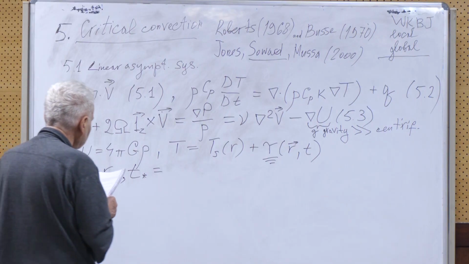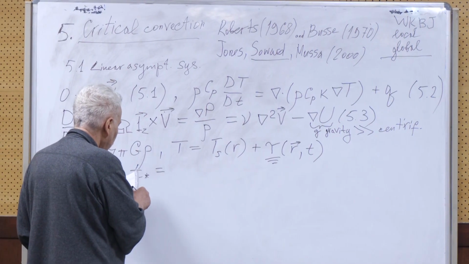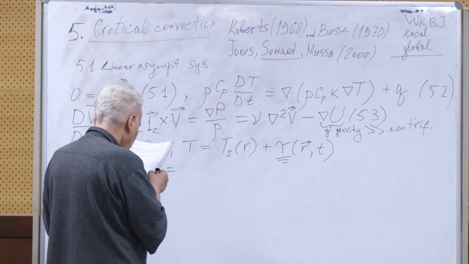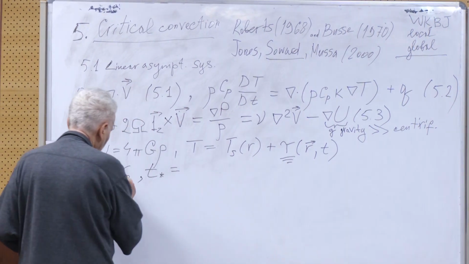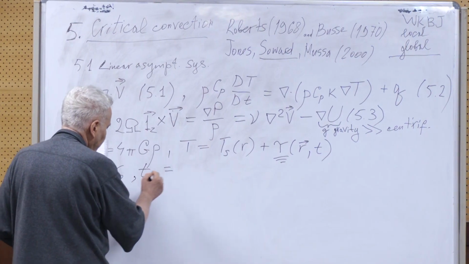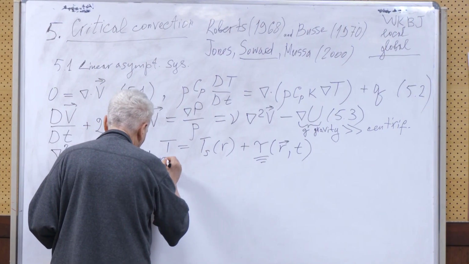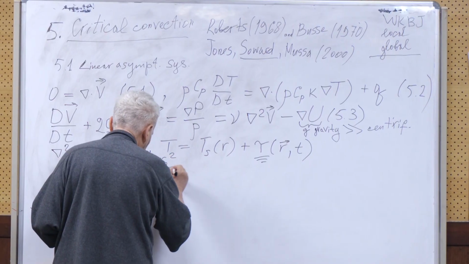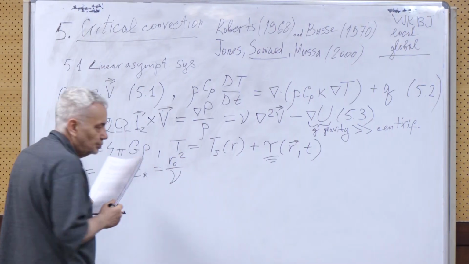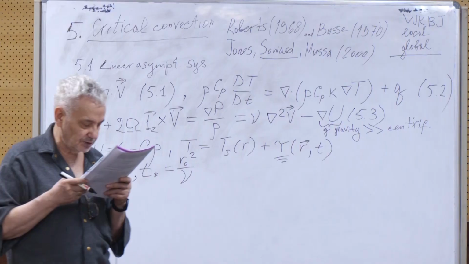So to construct the characteristic time from this value, we again use the characteristic length. So it will be R_O squared over the viscosity. We use this as the characteristic time.